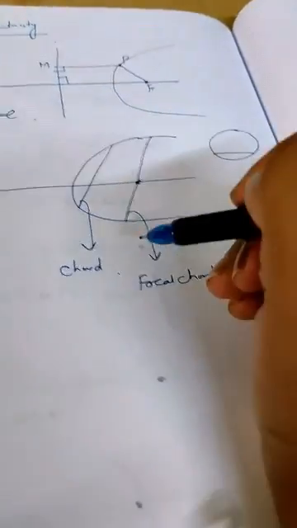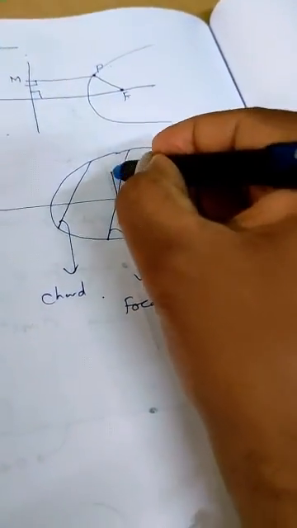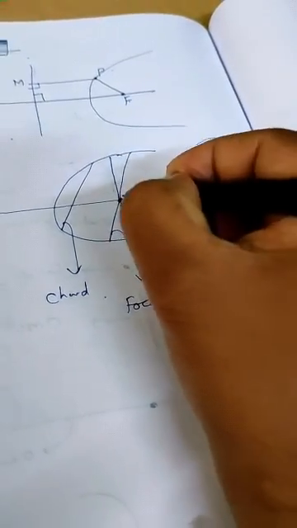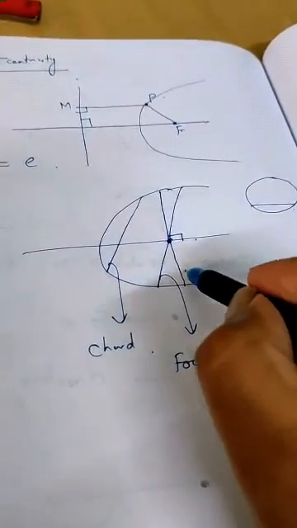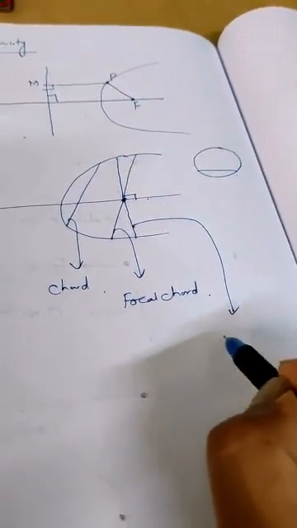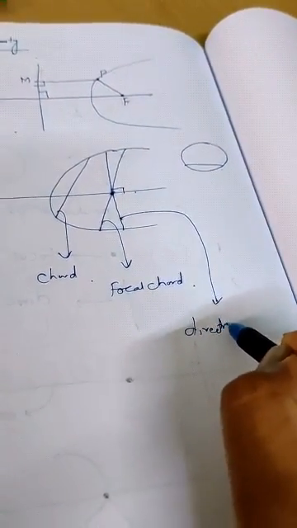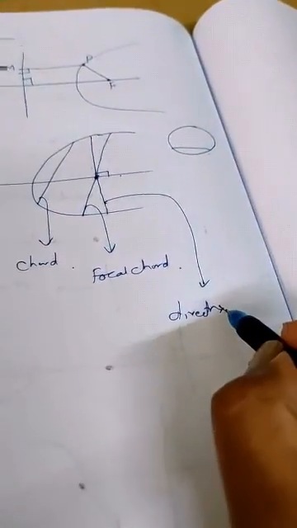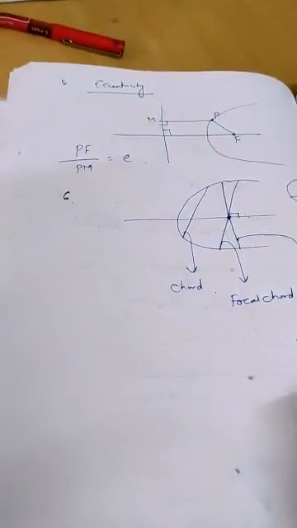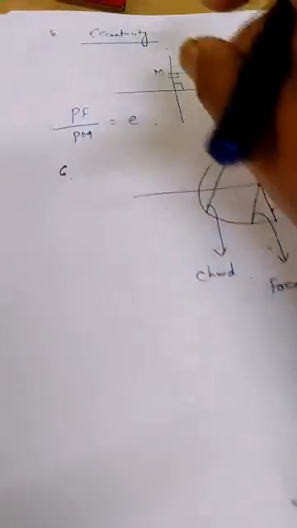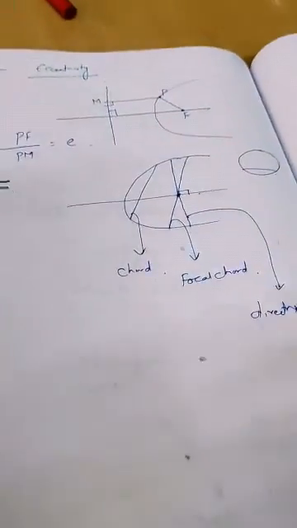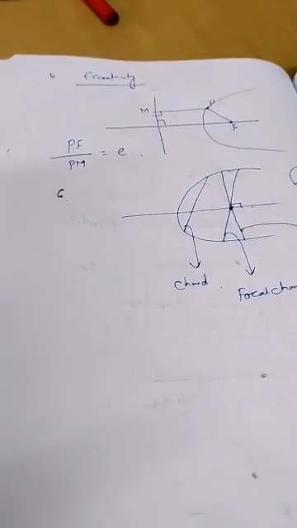And if a chord passes through the fixed point and is perpendicular to the axis, it is known as the latus rectum. Okay. So these are some basic points of a conic section.